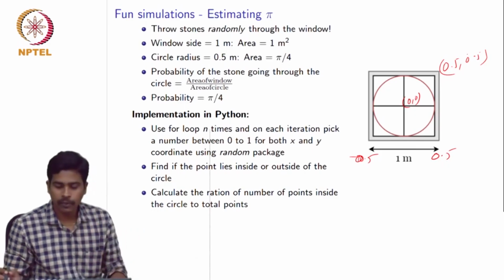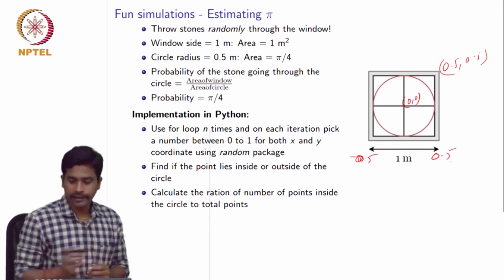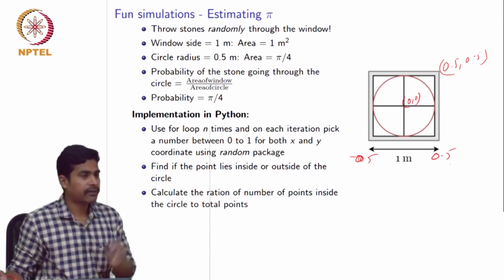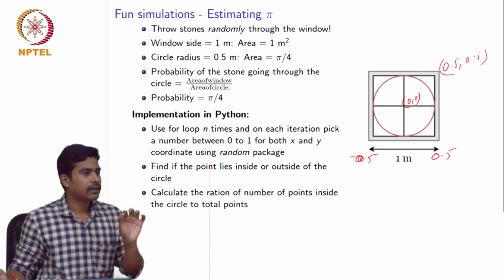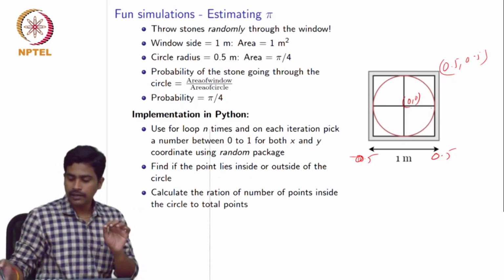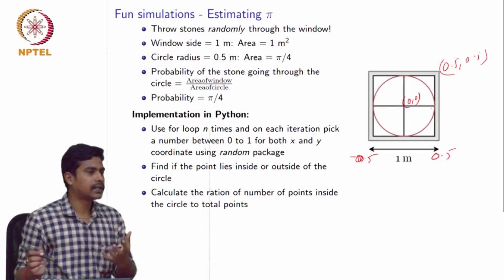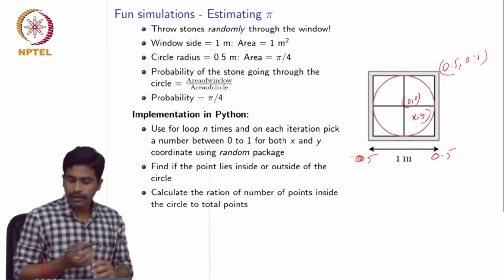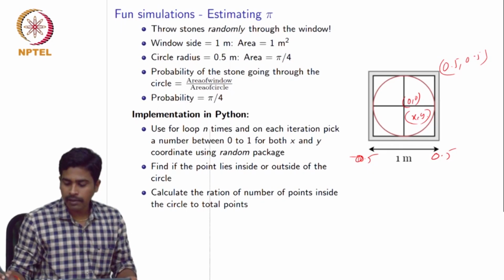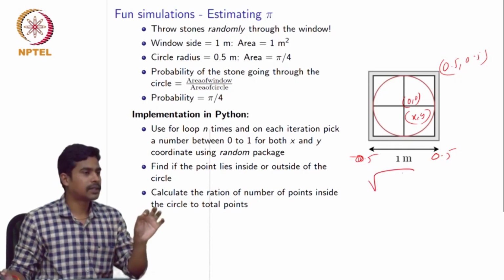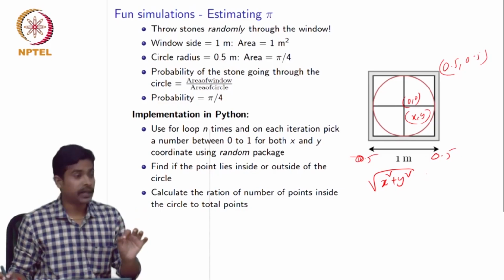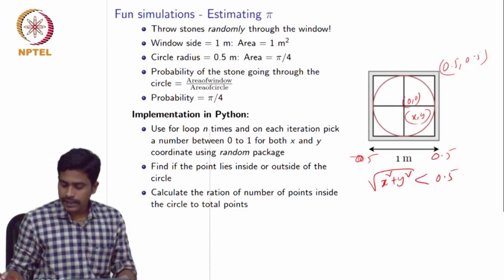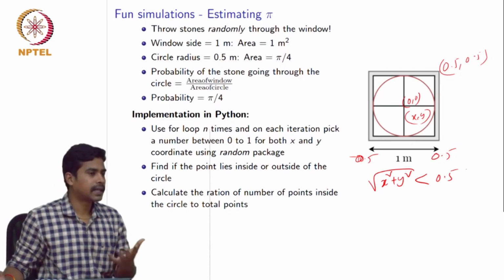We are picking numbers randomly between minus 0.5 and 0.5 for both x and y coordinates, and computing whether this randomly picked point lies within the circle or not. How do we do it? If you have a random x comma y point, we can calculate the distance of this point from the origin using the square root of x square plus y square, and if the distance is less than 0.5, we can say the point is lying inside the circle.